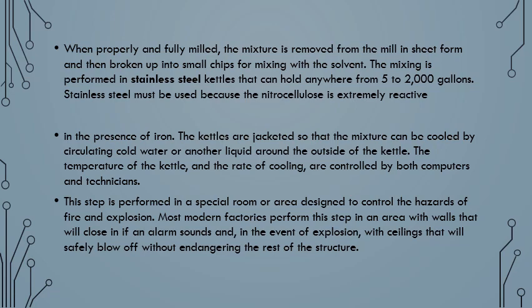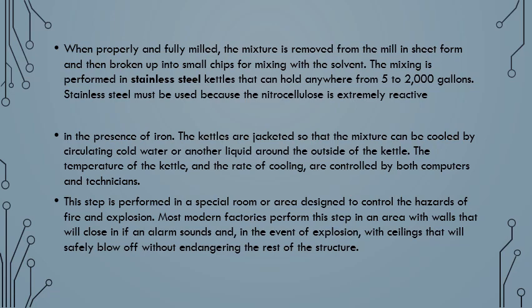Stainless steel must be used because the nitrocellulose is extremely reactive in the presence of iron. The kettles are jacketed so that the mixture can be cooled by circulating cold water or another liquid around the outside of the kettle.